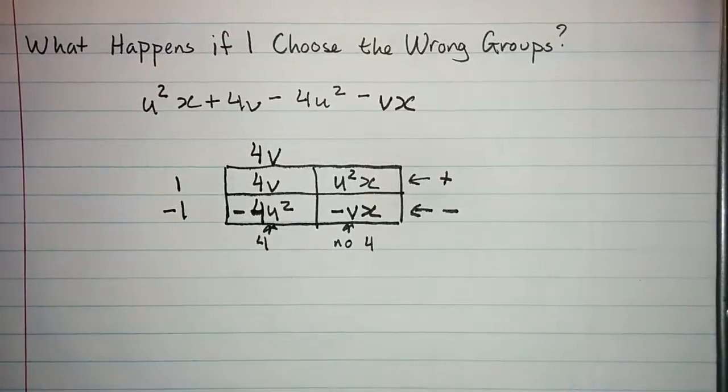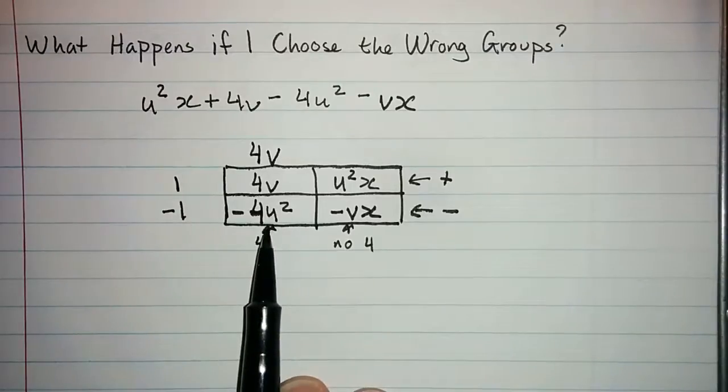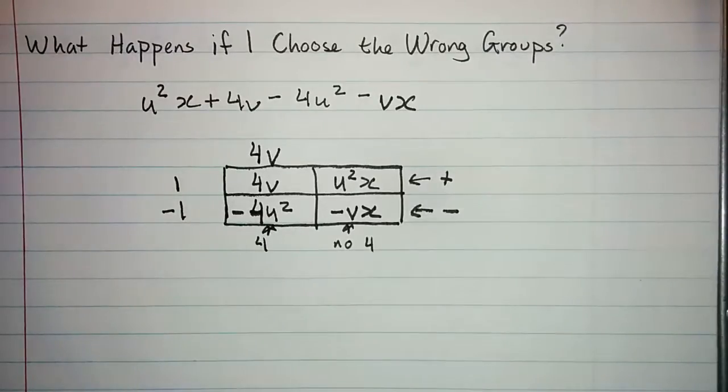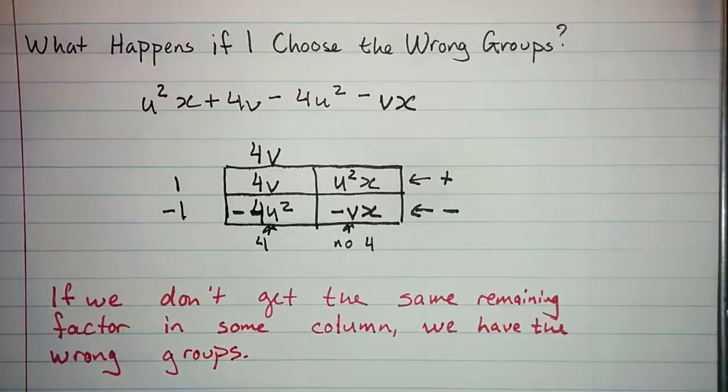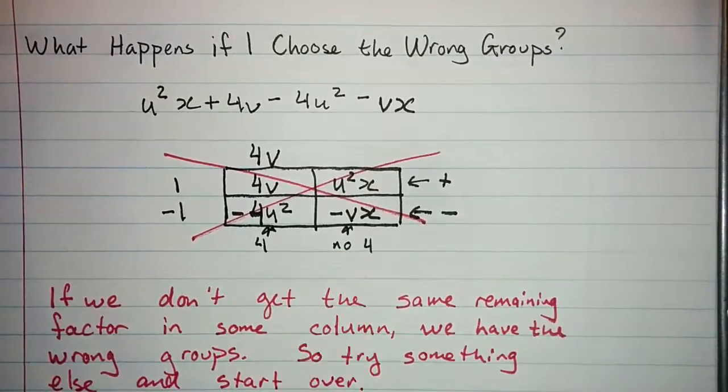It would have to be 4v. 4v times negative 1 is not negative 4u squared. If we don't get the same remaining factor in some column, we've got the wrong groups. What should we do? Try something different and start over. We should cross this off but not erase it so that we remember what we tried.